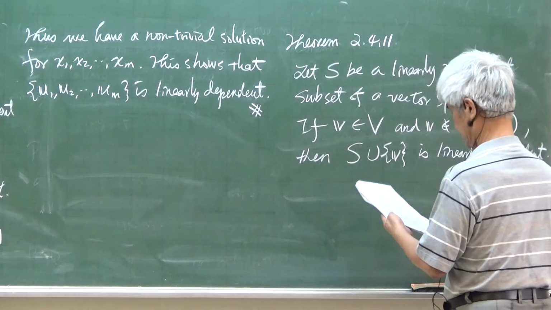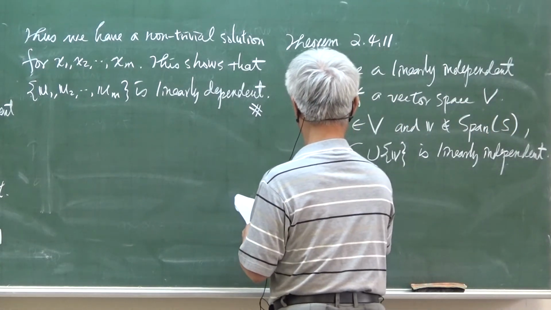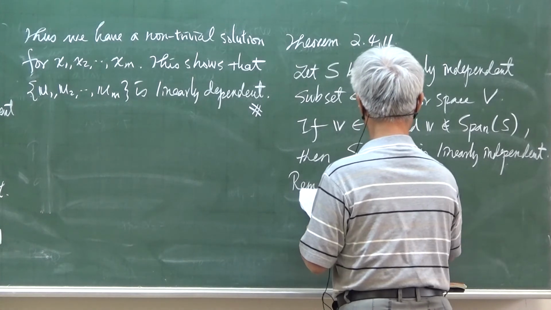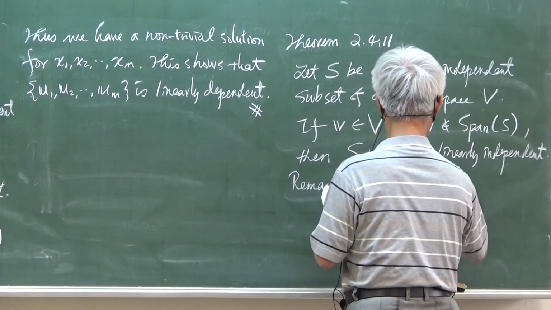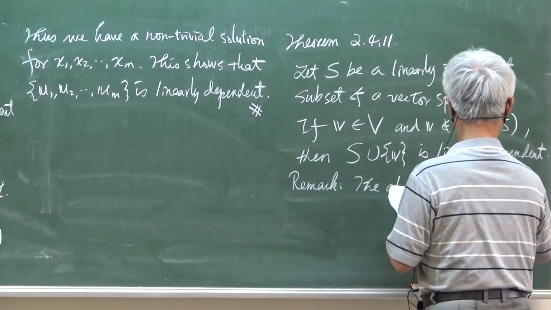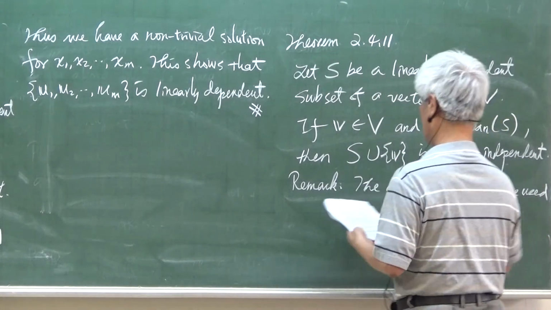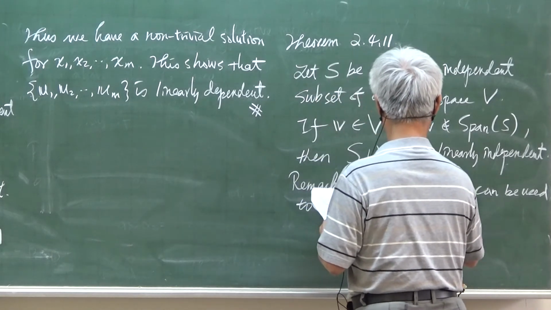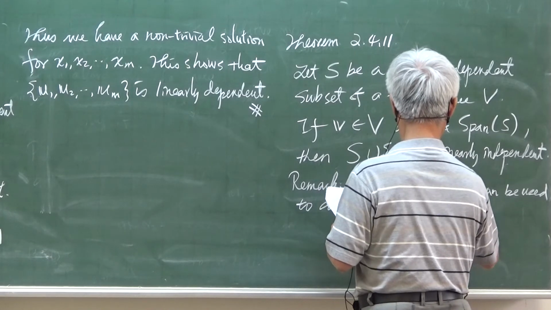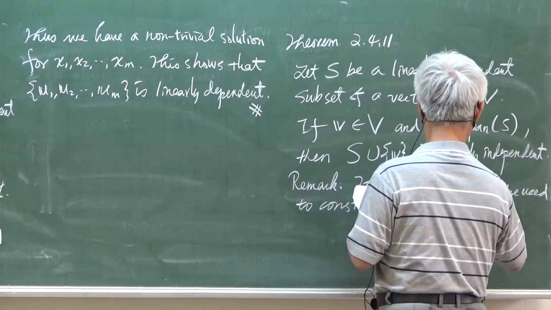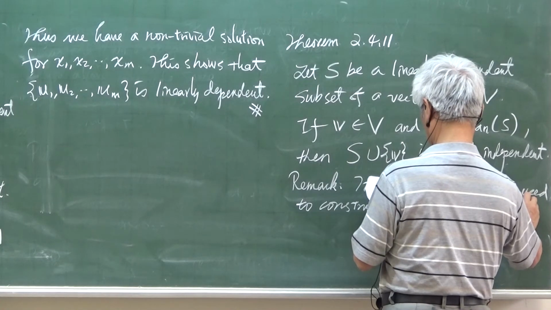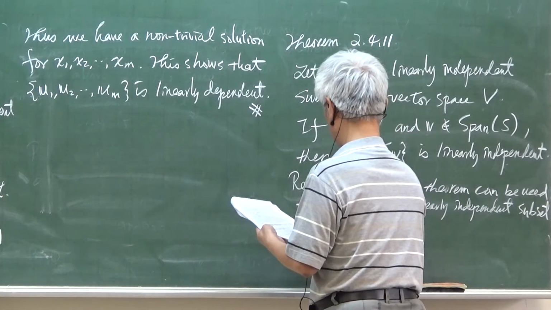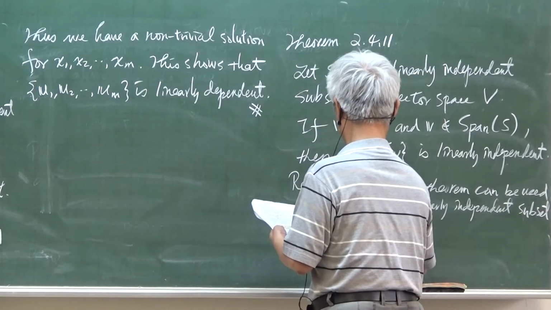So, remark. The above theorem can be used to construct a linearly independent subset in a vector space.